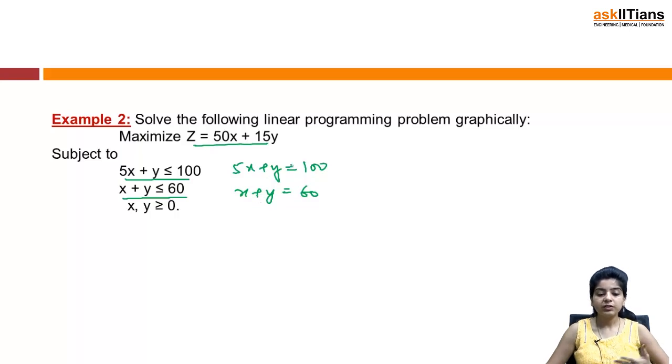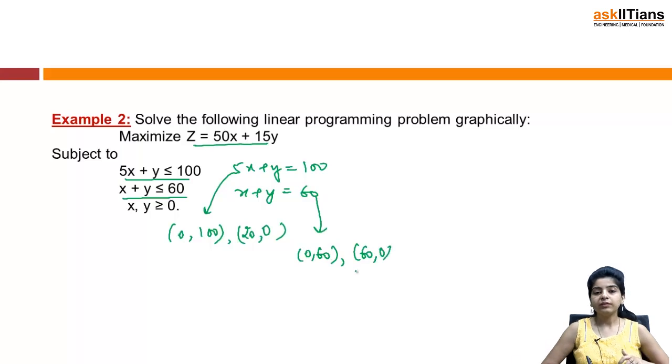Now the next step is to draw these graphs. For this line, x is 0, so y becomes 100. If I take y to be 0, I get x equal to 20. For this line, x is 0, y is 60; y is 0, x is 60, right? So now we draw this graph.